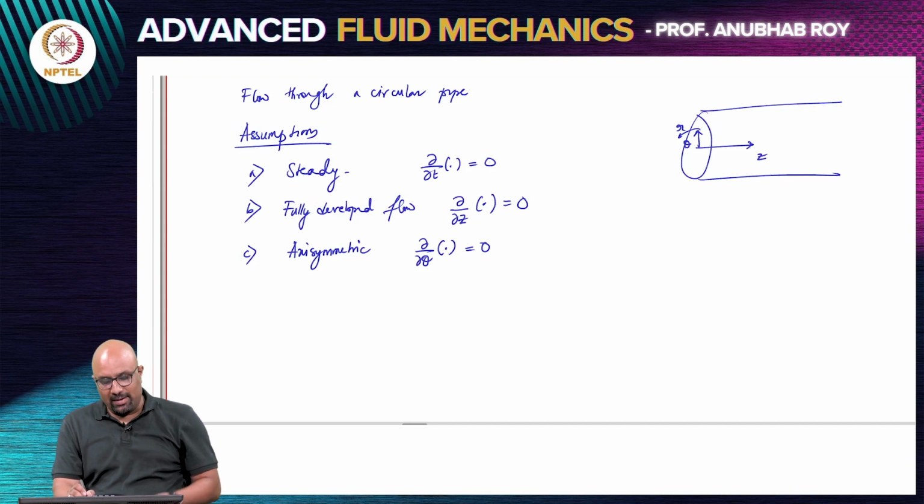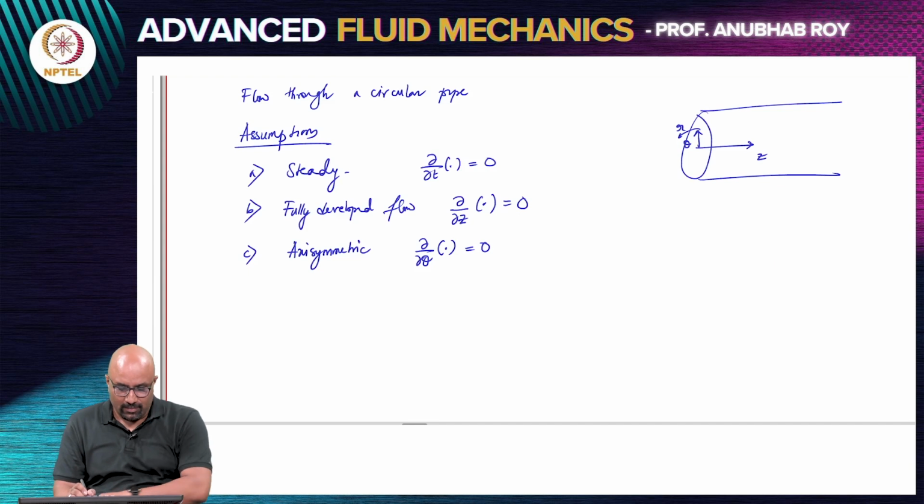Now, as we have already been discussing, all of these things are assumptions, and these assumptions will necessarily break down as we start pushing the flow to higher and higher flow rates. But at this point, we will work with these assumptions and obtain a velocity profile, and then we will make comments on what is going to actually happen when you are looking at flows at a much higher flow rate or higher pressure drop.